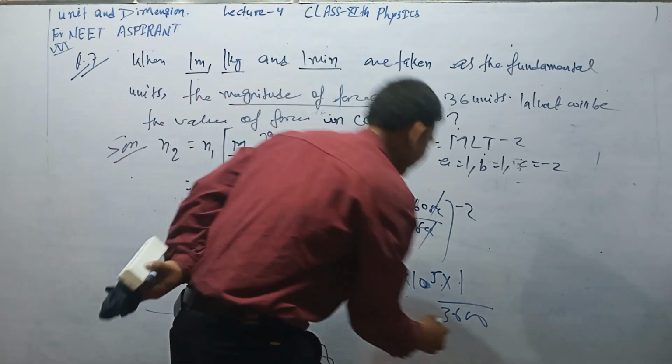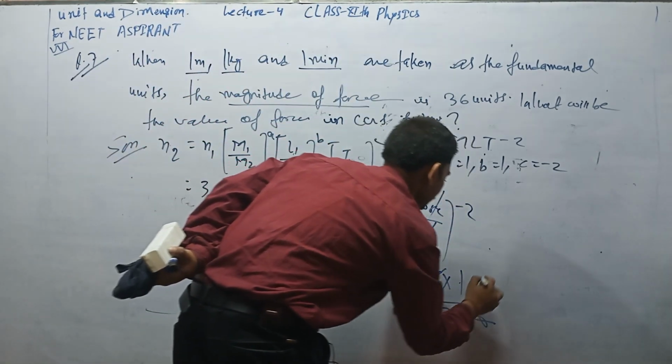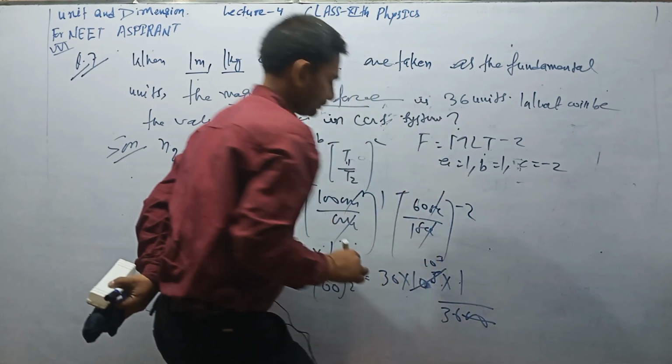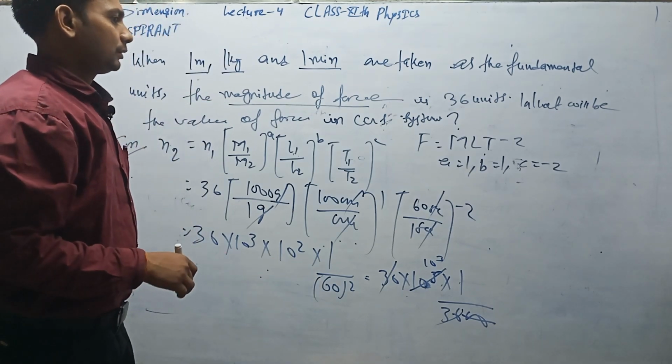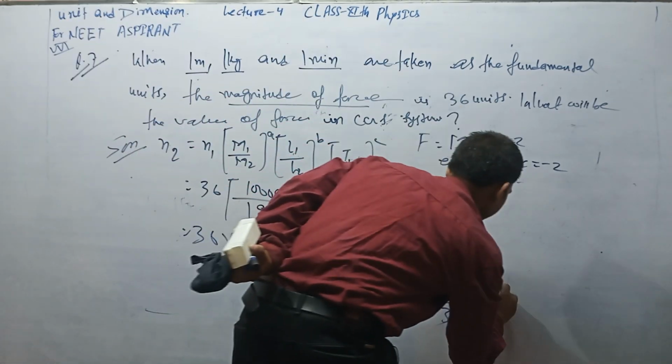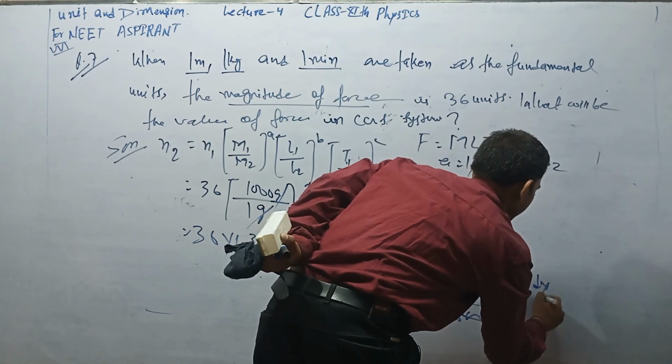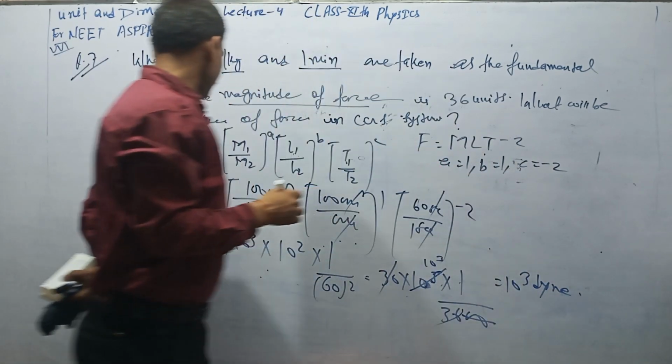Calculating it, 36 cancels out. That means 10 to the power 3 dyne.